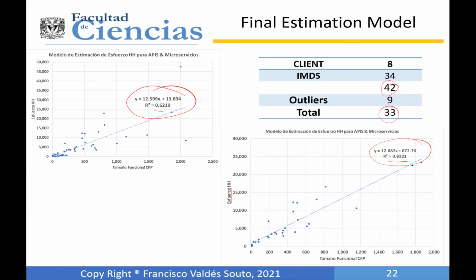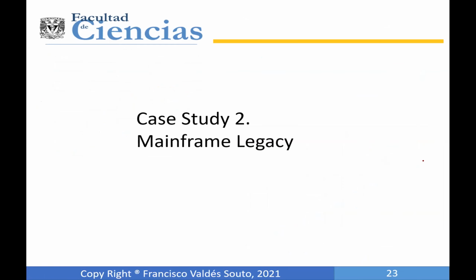So the idea with this process is to improve the estimation models and try to integrate databases to improve that model. Of course, there are not only these steps. After we integrate this model, the new projects that were estimated with it will be integrated into the database, but this happens after the projects are concluded.